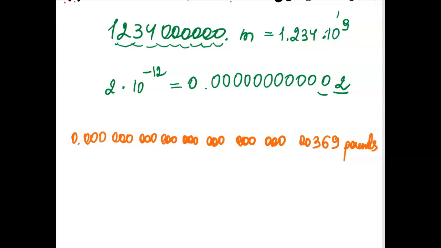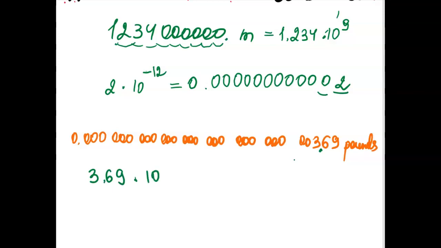Okay? So, we know that we need to move this decimal point to the right. And I believe that the new position for the decimal point will be here because it will give us 3.69 as a base, right? So 3.69 here, multiplied by 10 to the power.